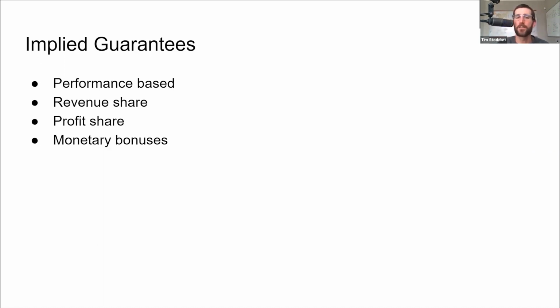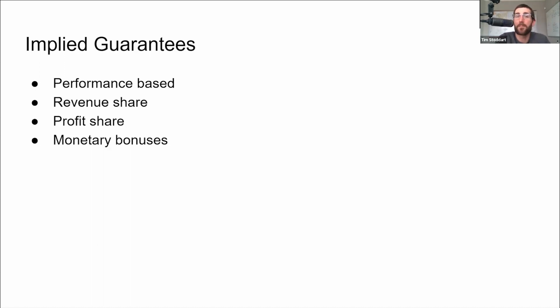So implied guarantees are usually always performance-based. Could be a revenue share, could be a profit share, could be some kind of bonus, it could be an equity deal. A lot of the deals that I make on the side with some of the companies that I invest in are implied guarantees. They're performance-based. It has to do with me generating enough results to get a piece of the company.